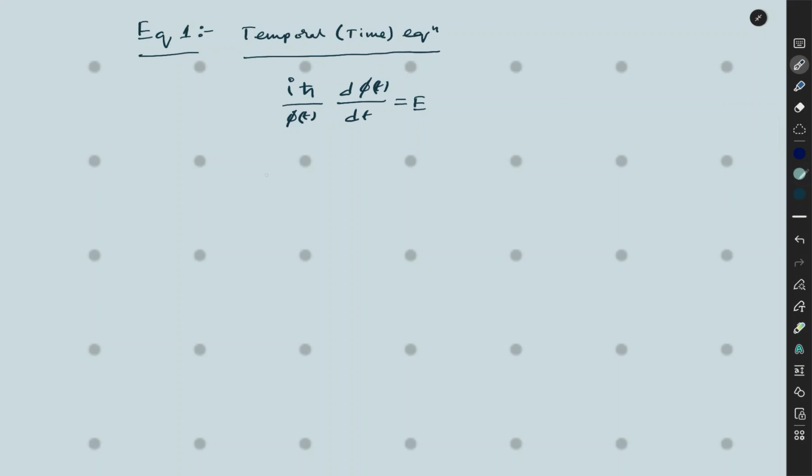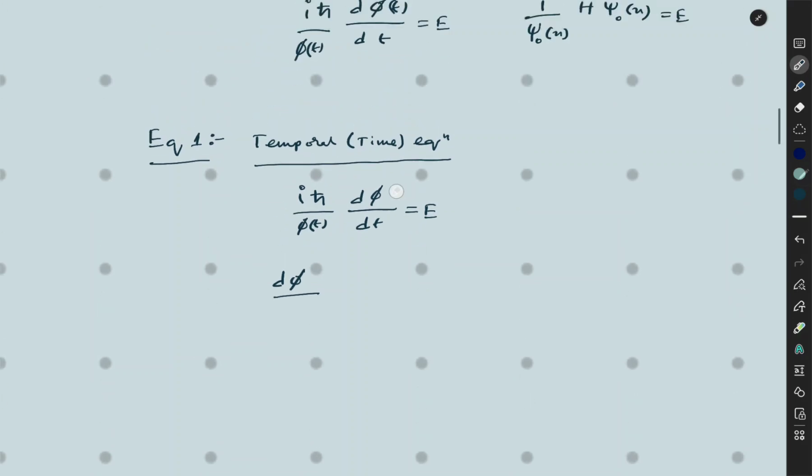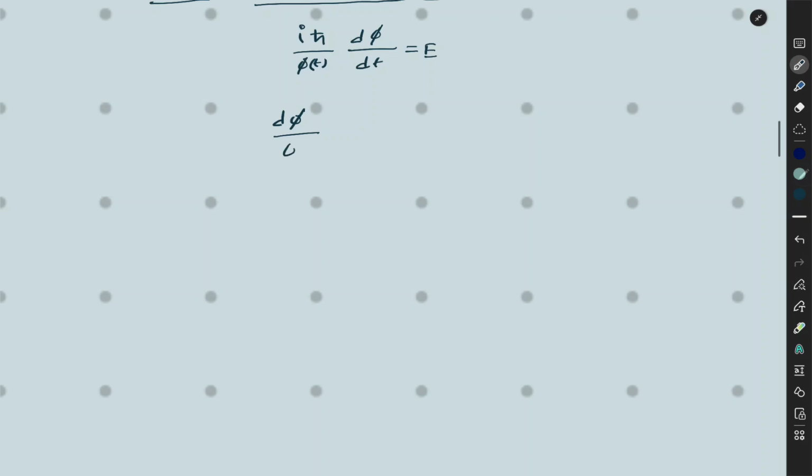We can rearrange this as d phi of t upon phi of t equal to E by iota h cut, and then dt.